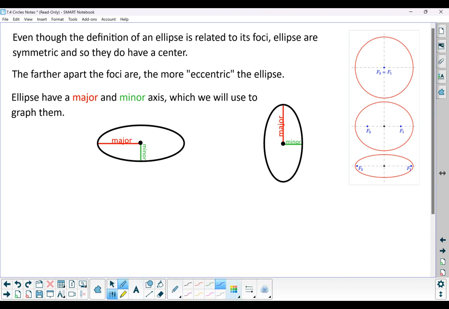A circle, like this top drawing right here, has the same major and minor axis. So when we graph these, we would count out like 3 and 3. But with an ellipse, we might be counting out different distances. Like we might count out 4 and 4 in the x direction, and then 6 and 6 in the y direction. Or we might count out 5 in the x direction and 2 in the y direction. And that's what gives it the squished shape of an ellipse.